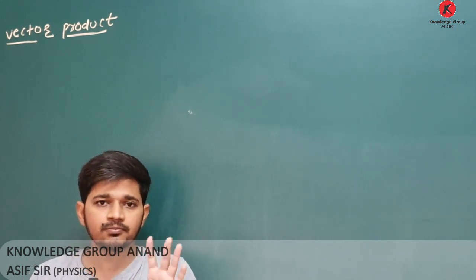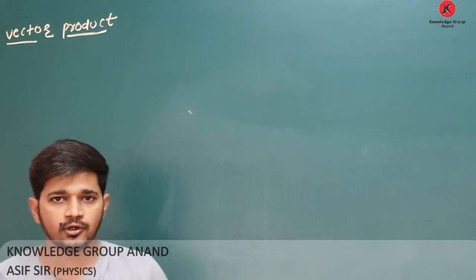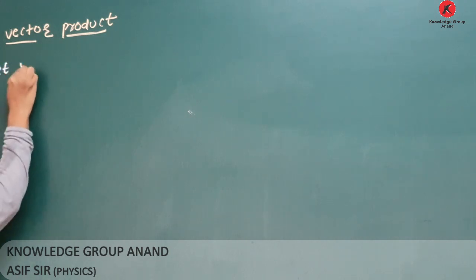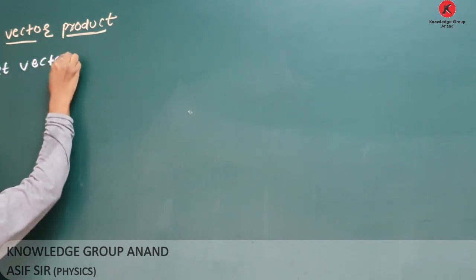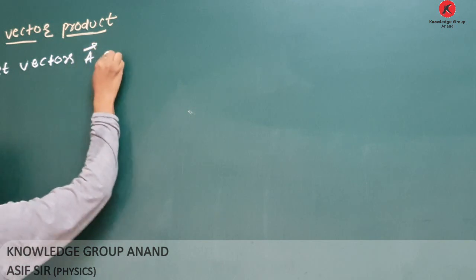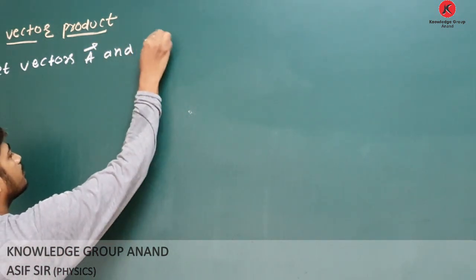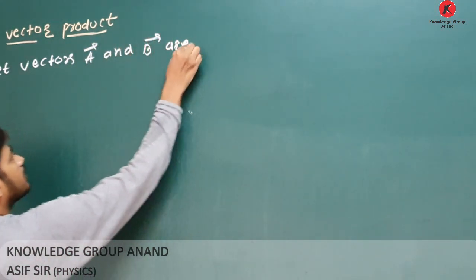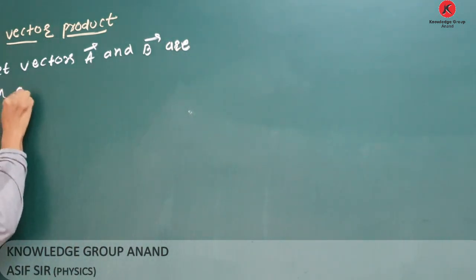Such a product is called a vector product. For example, we are taking two vectors. Let vector A and B be in a plane.